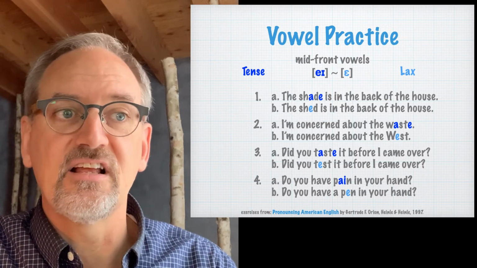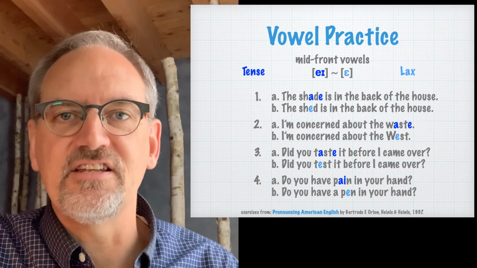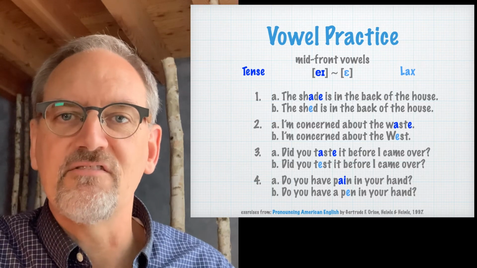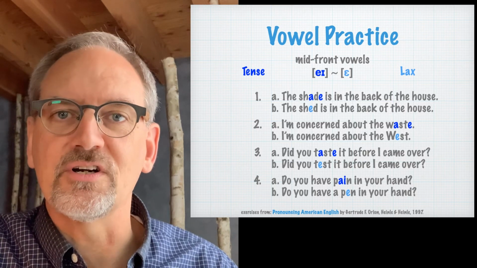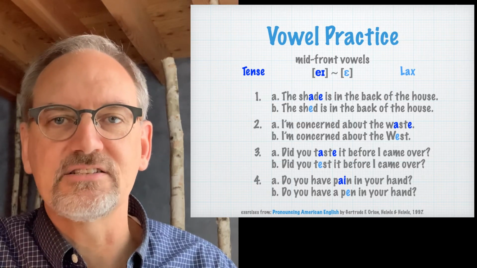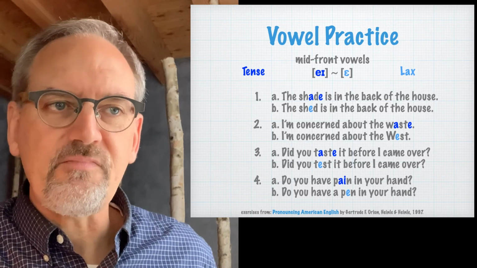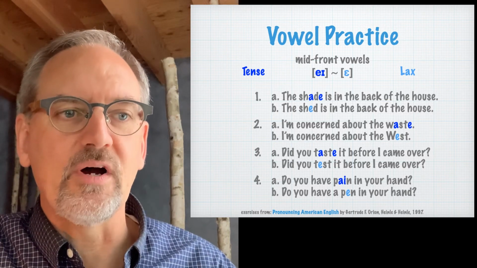And you'll notice that they're very similar. They're kind of minimal pair sentences that differ only in whether the vowel pronounced in one of the words is a tense vowel a or a lax vowel e. Okay? Ready.